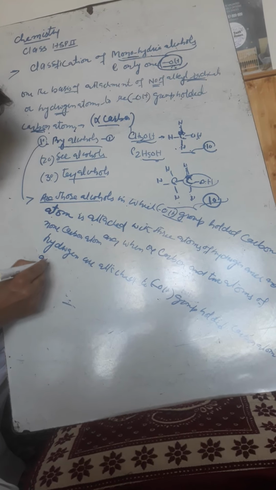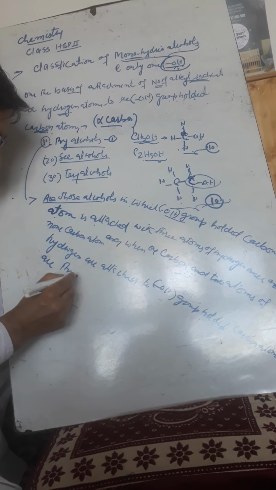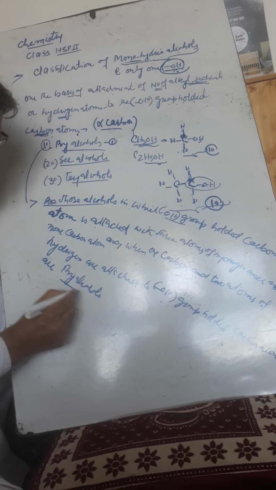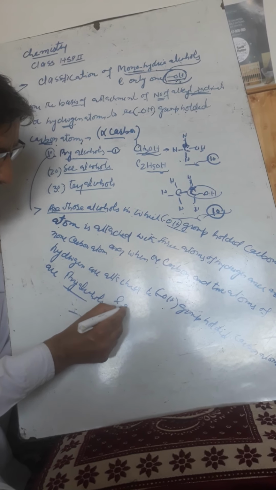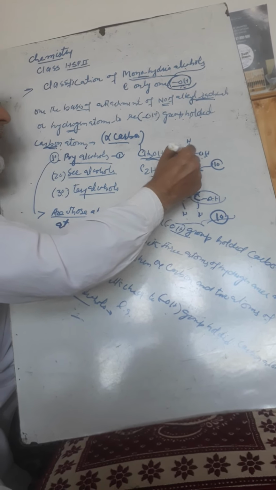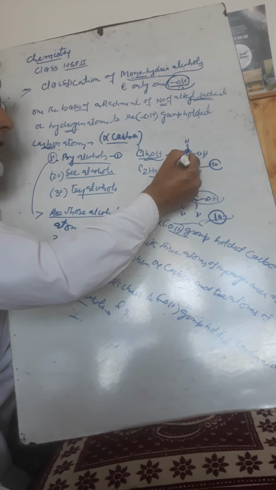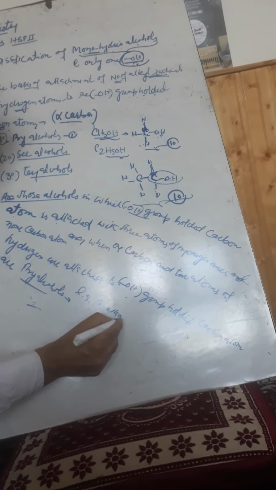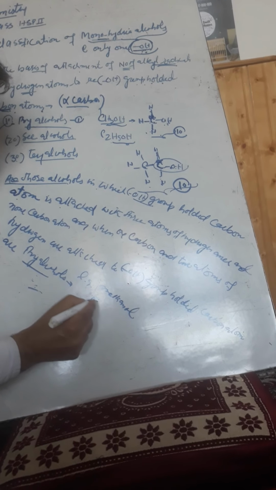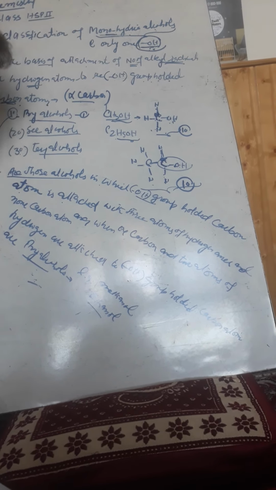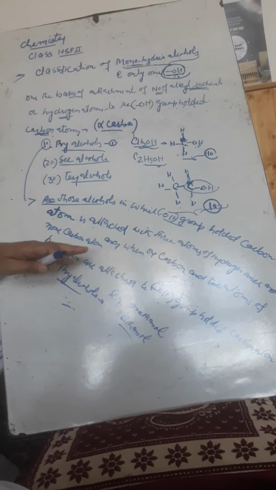They are called primary alcohols. Examples are methyl alcohol or methanol, and ethanol. Right? Let us take the screenshot and I will move ahead.